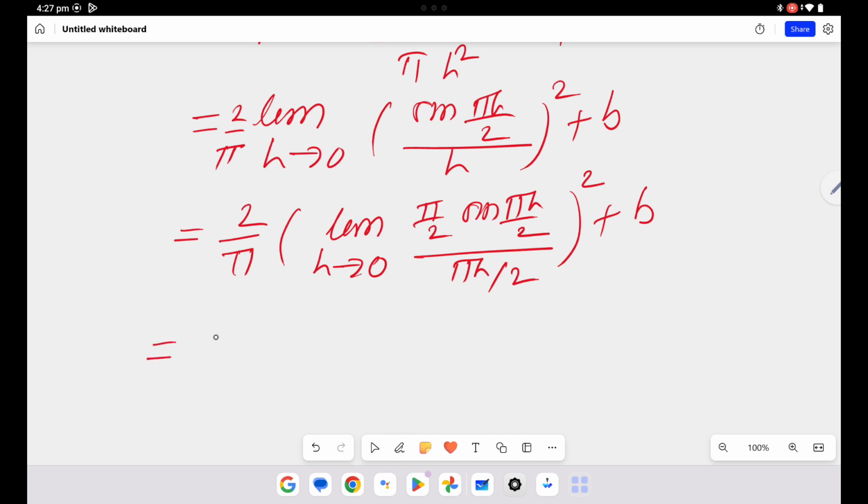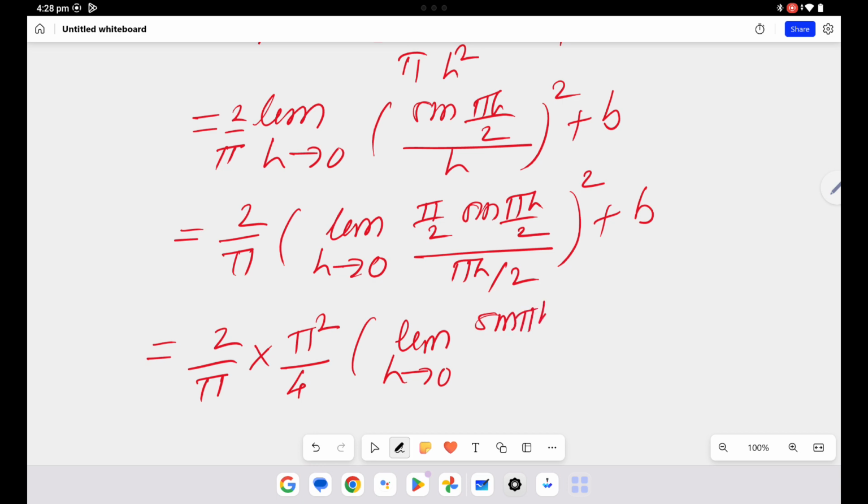This is 2 by pi as it is into pi by 2 whole square. So we write here pi square by 2 square, 4, in bracket limit h tends to 0 of sin pi h by 2 upon pi h by 2, plus constant that is b.